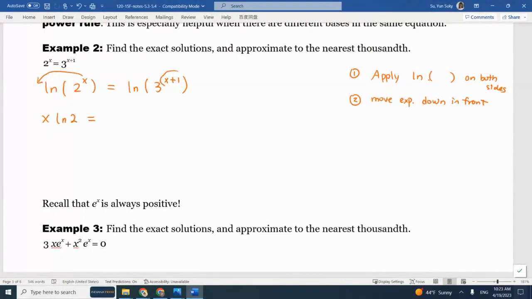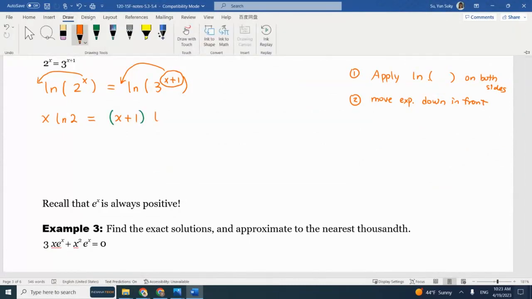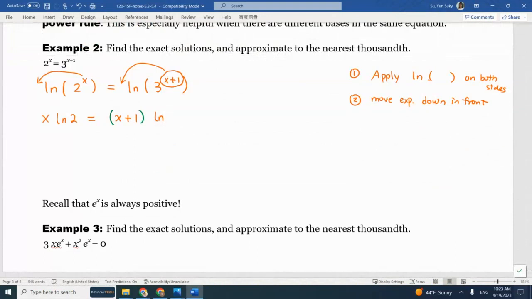And then here we can move the x plus 1 down in front. You get x plus 1, but don't forget parentheses. Because when you move it down, it's the whole thing multiplied by ln of 3. When you move it down, it becomes multiplication. And you need parentheses. Everybody say parentheses! Parentheses, yes. Because this is really a common mistake. When students move it down, they forget to include parentheses, then it's going to be wrong.